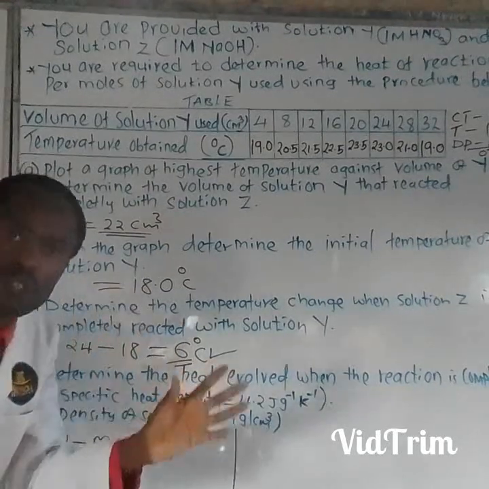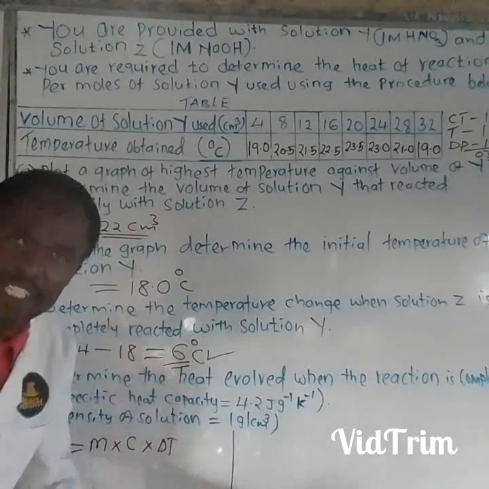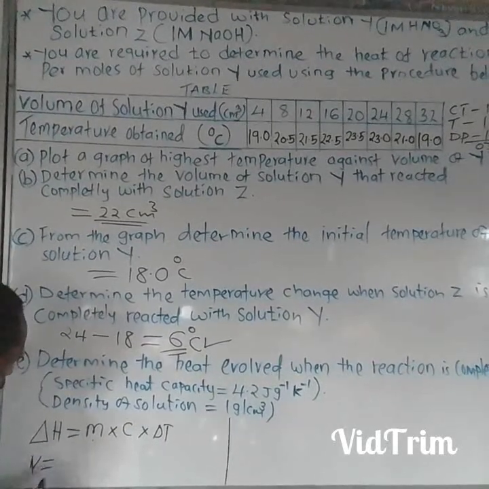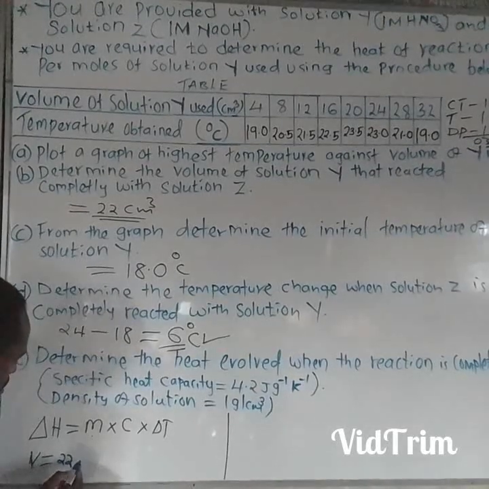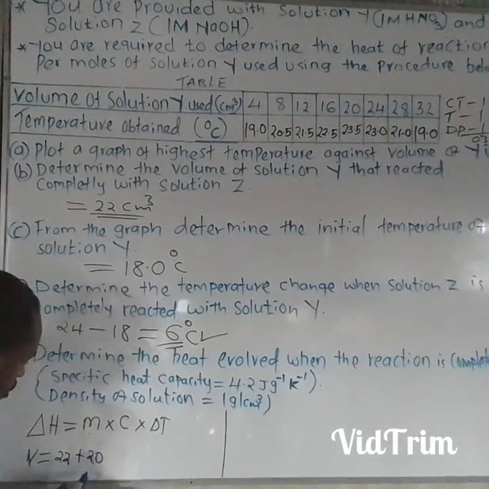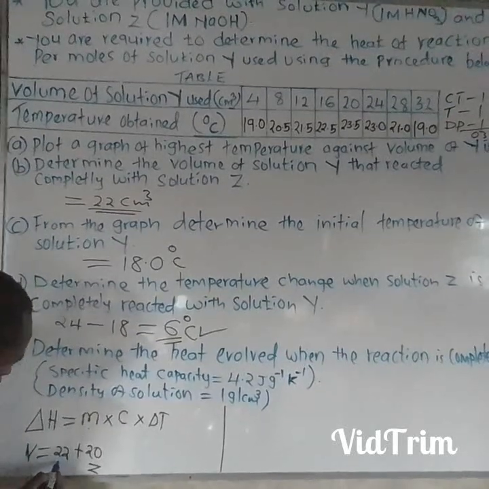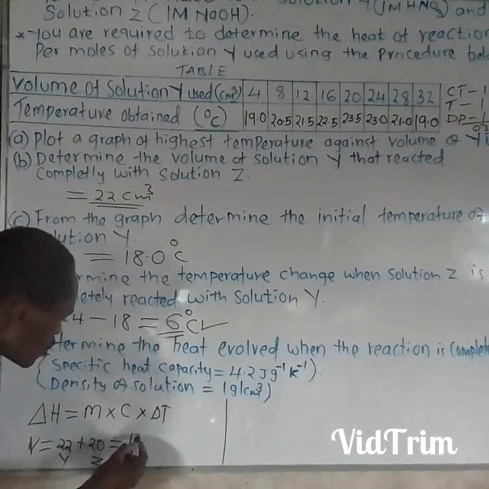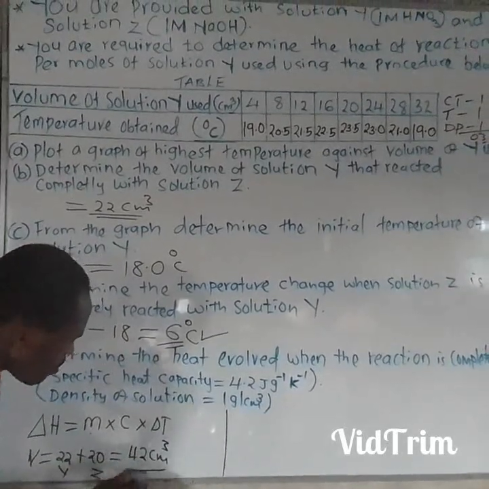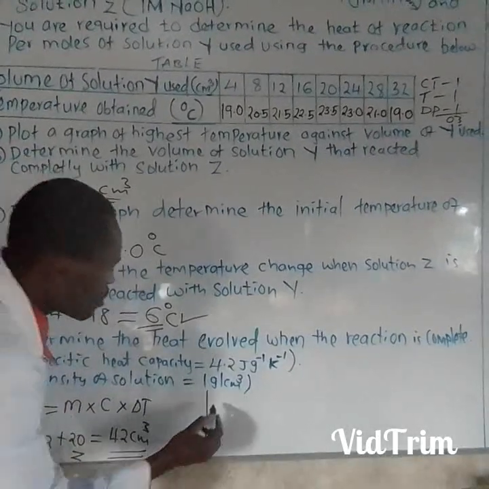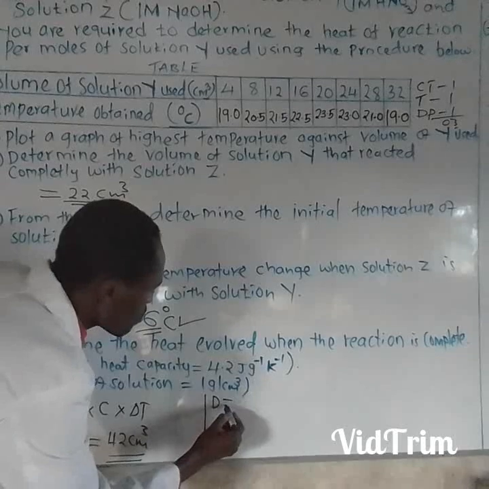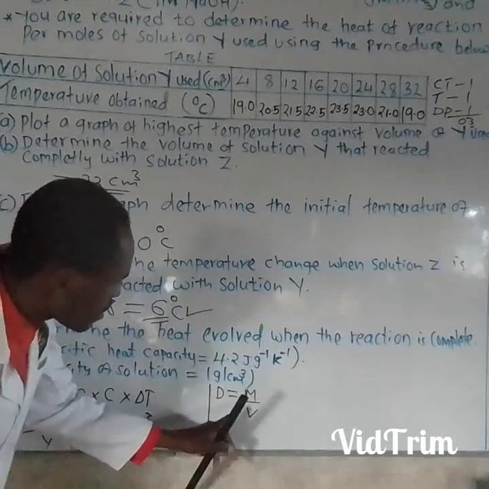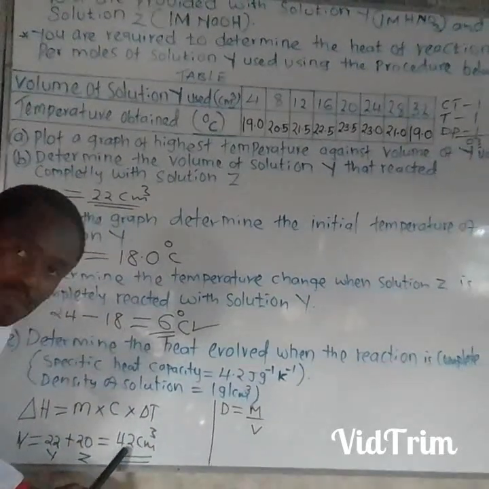So you take the volume of solution Y plus the volume of solution Z. The total volume is 22 plus 20, which gives a total of 42 centimeter cube. Then we have the formula which says that density is equal to mass over volume. So how do we get mass? We want to change this volume, 42 centimeter cube, to what?